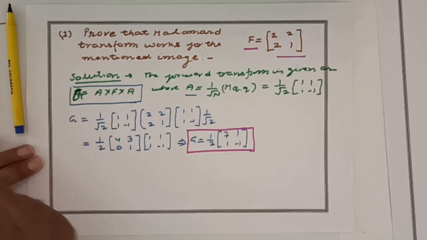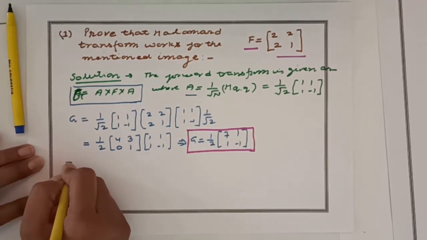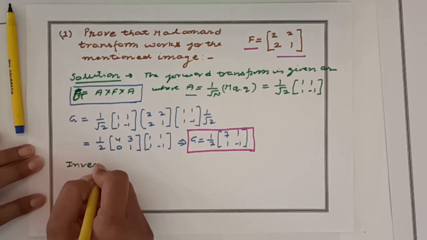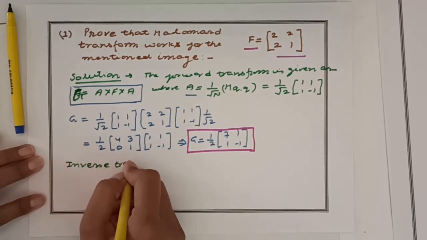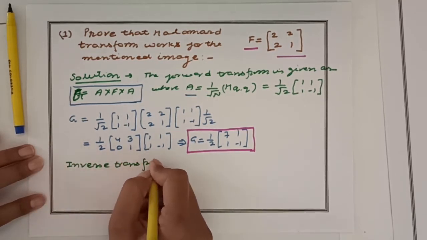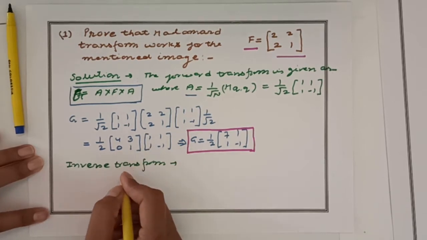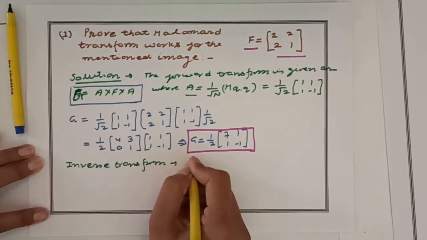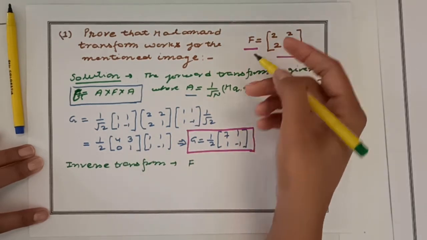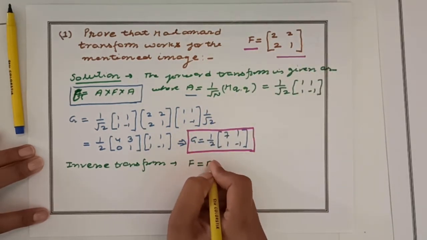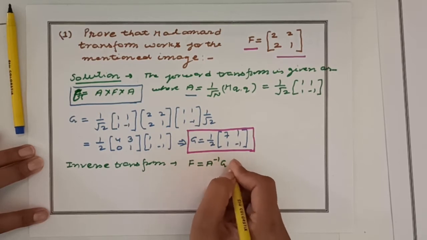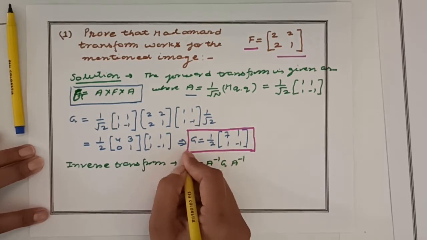Now calculate the inverse transform, and from the inverse transform you will be able to extract the original image, which is the input one. This is calculated as A inverse G into A inverse.